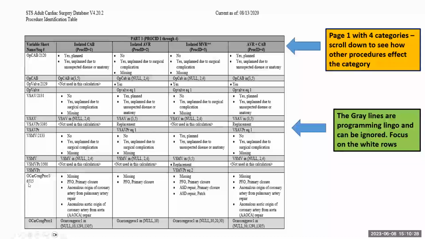So if you code 6515 as missing, PFO, primary closure, anomalous origin of a coronary artery from the pulmonary or from the aorta, if you code any of those 4 things, the isolated CAB stays isolated. That's what that means. Okay.